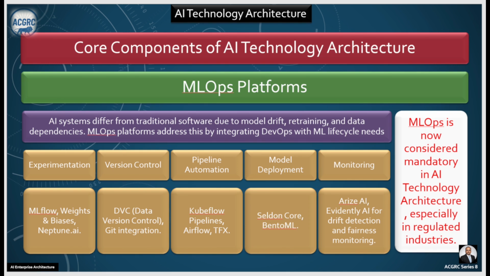At the experimentation stage, we have MLflow, Weights and Biases, Neptune AI. At version control, you have Data Version Control or Git integration. At pipeline automation, you have Kubeflow Pipelines, Airflow, and TFX. At model deployment, we have Seldon Core and BentoML.